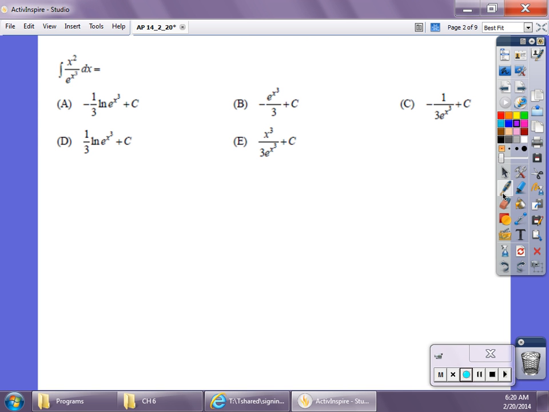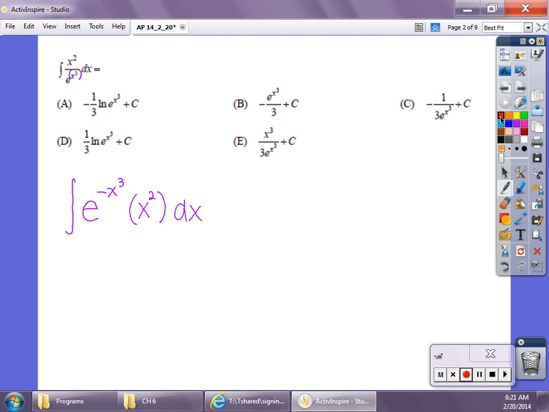So we are looking at the fact that there is a chain rule and a quotient rule, and this problem actually is a lot easier if you rewrite it as e to the negative x cubed, so that I'm bringing the e term back to the numerator and then multiplying by x squared. If you didn't do that step, it might have been difficult to get the problem to work out.